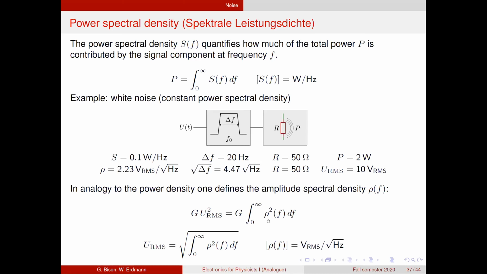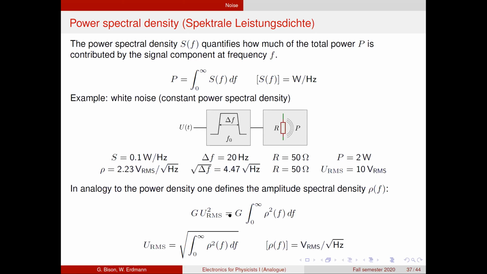If this is constant for every frequency, this is also constant. So if we integrate it over a certain range of frequencies and want it to be equal to a certain RMS voltage, then we have to square the value, integrate, and take the square root.